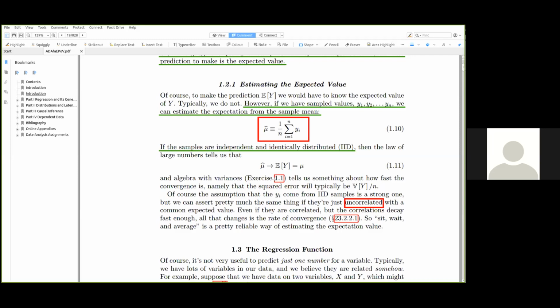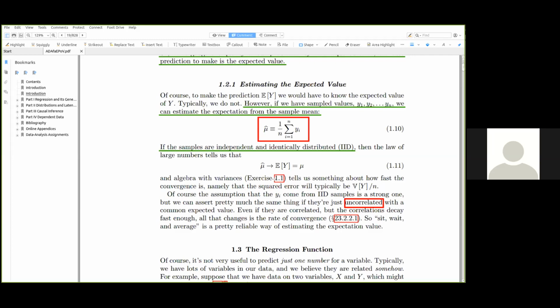So independence implies uncorrelated, but uncorrelated does not necessarily imply that the random variables or the samples are independent. So I'm reducing the strength of the assumption I need to make. Even if there were some data sets where I could not say for sure that these samples are IID, now if I can say for sure that the samples are uncorrelated, then I can still make the assumption that mu hat will tend to mu. I can still say that for sure.